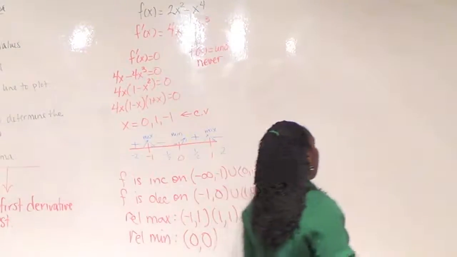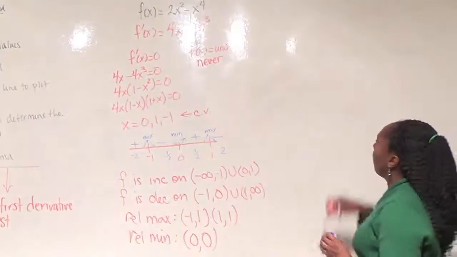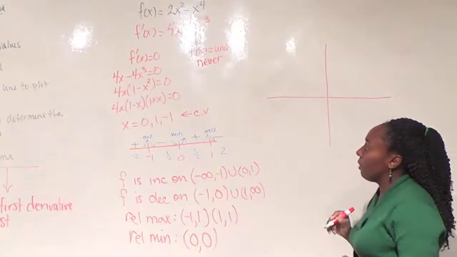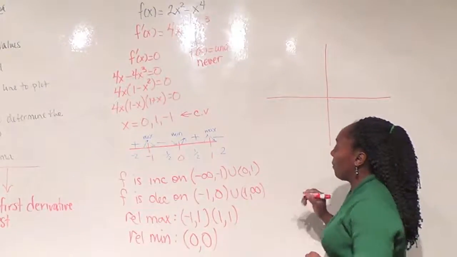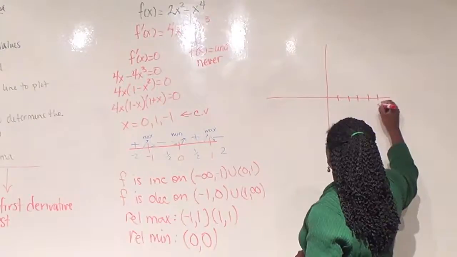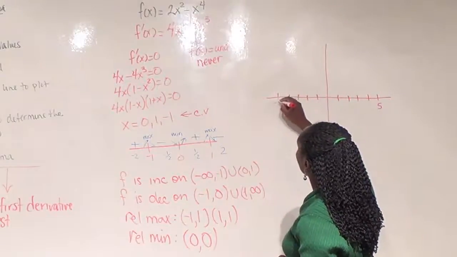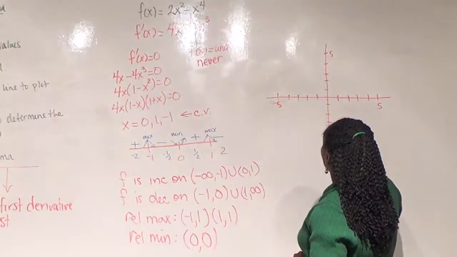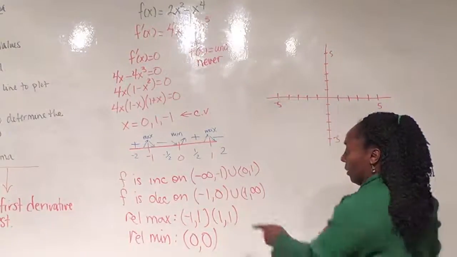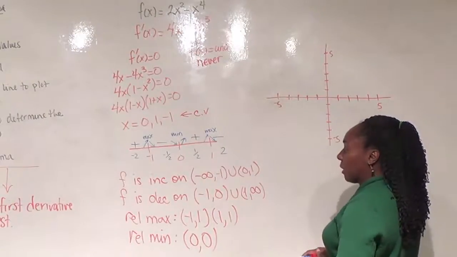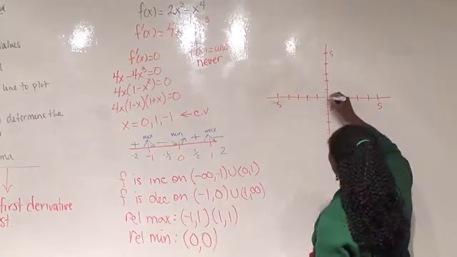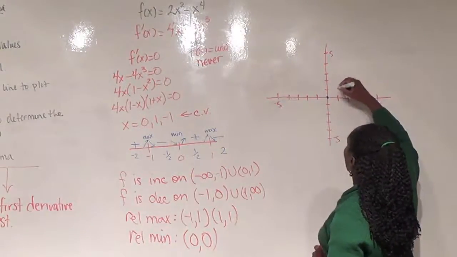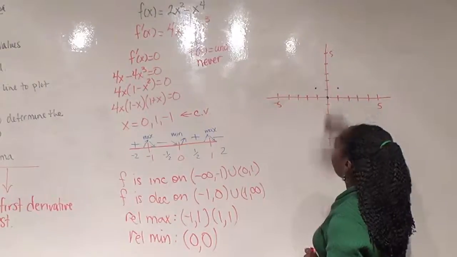Now we can use this information to get a picture. Okay. So here, plugging in this information, I'm going to start with the extrema. So we have a relative min at (0, 0), and relative maxes at (1, 1) and (-1, 1).